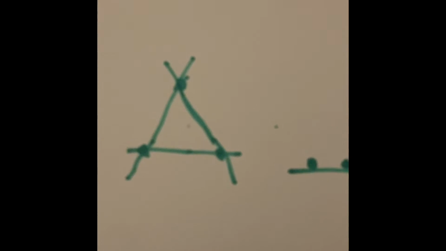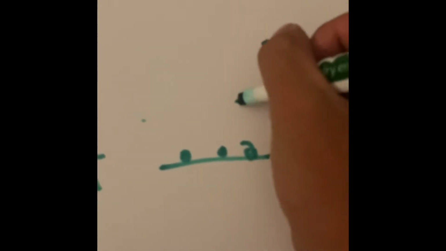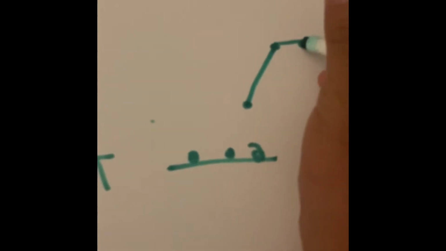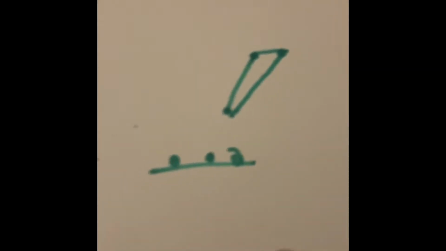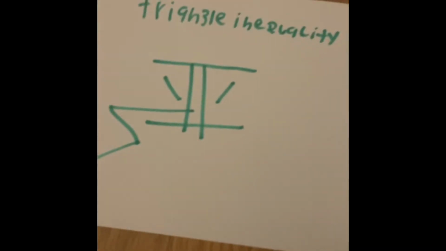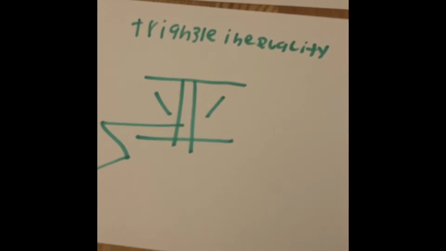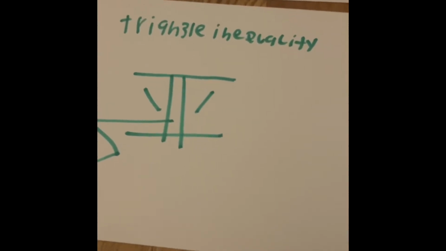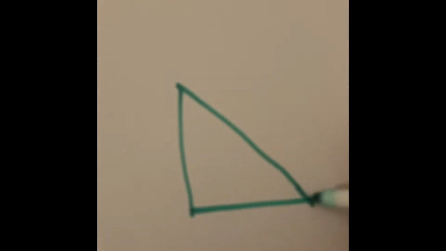And sometimes triangles would appear like this. The reason why we're showing you that triangle is because it will lead to our second theorem. Our second theorem is also about triangles with inequalities. This one is about right angles and right triangles.